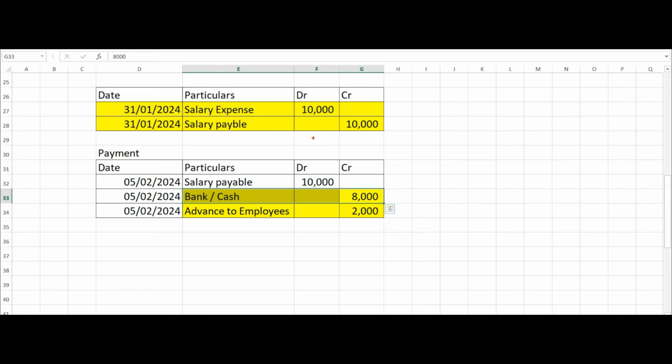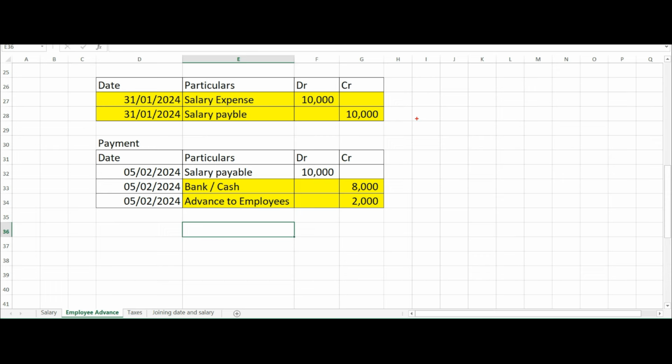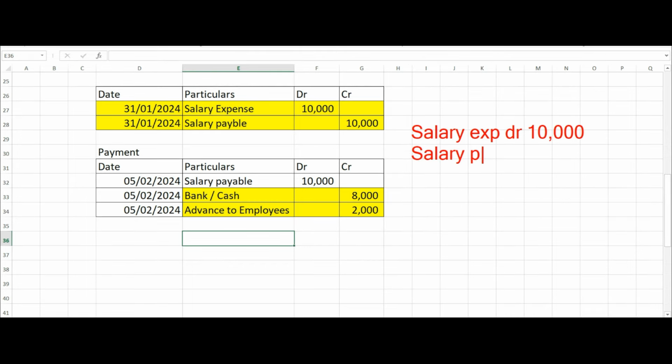Or alternatively, you can adjust the salary amount as well. Alternatively, what you can do is that on the same date you can make this entry as well: salary expense debit with 10,000, salary payable credit with 8,000 and advance to employee account credit with 2,000.